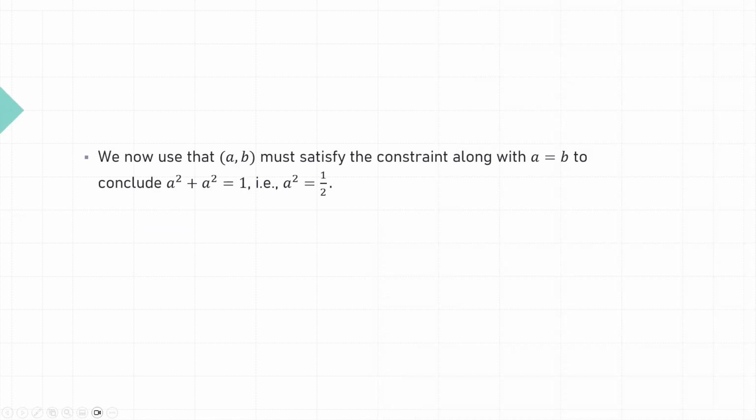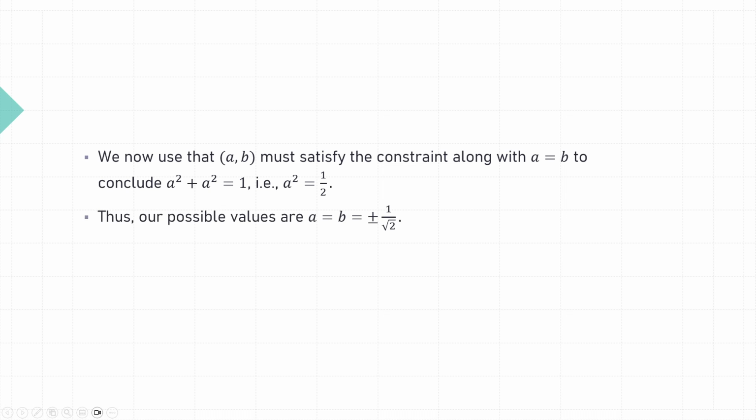So when we use the constraint, we know from the previous slide that a has to be equal to b, but it also has to satisfy our constraint, which was x squared plus y squared equals 1. So if a is equal to b, that means a squared plus a squared has to be 1, or 2a squared has to be 1, or a squared is equal to 1/2. So then we solve for a, and remember, a is equal to b.